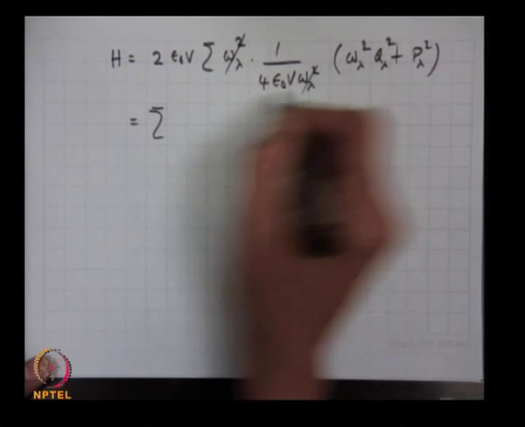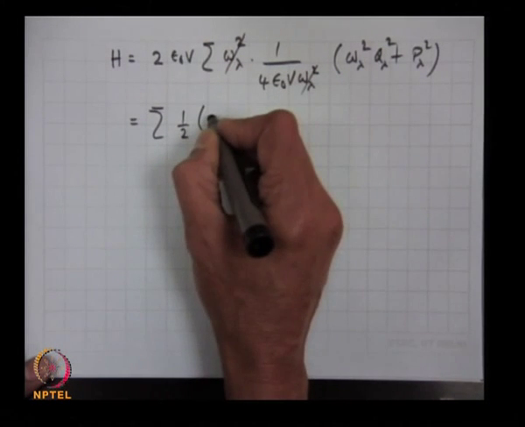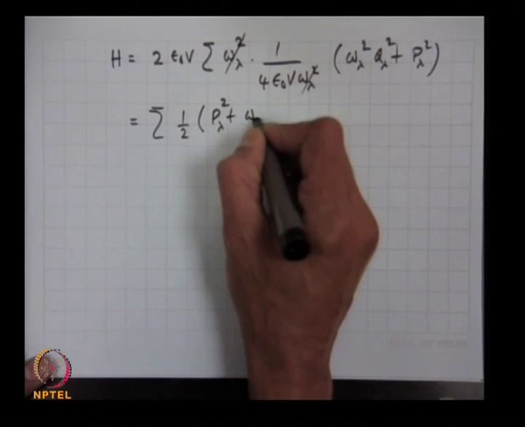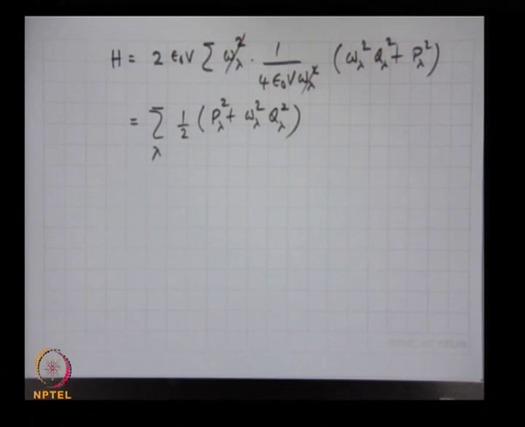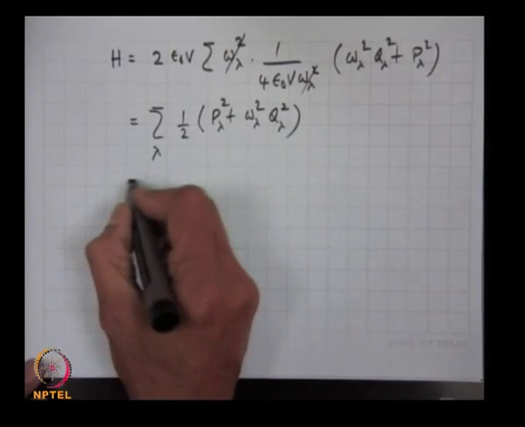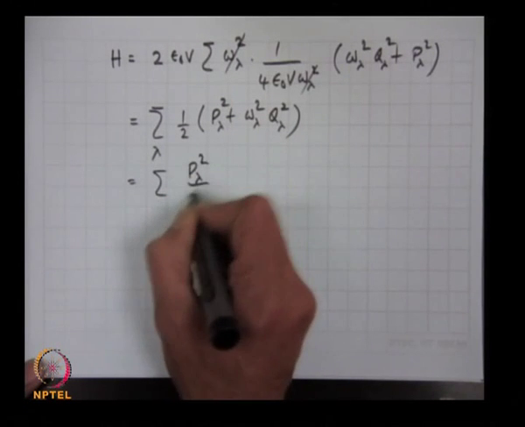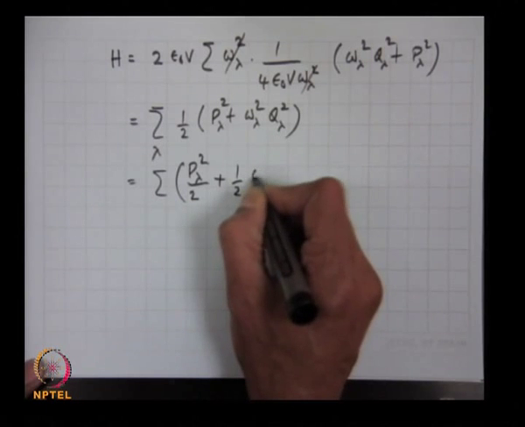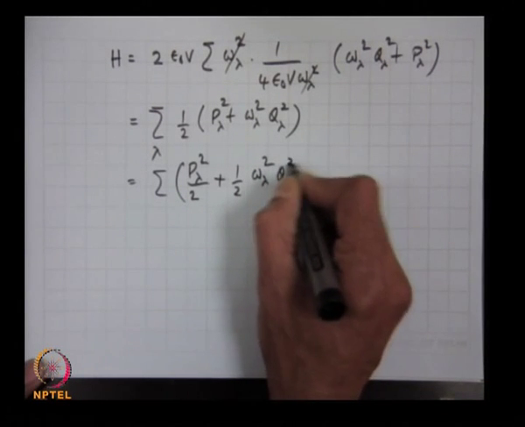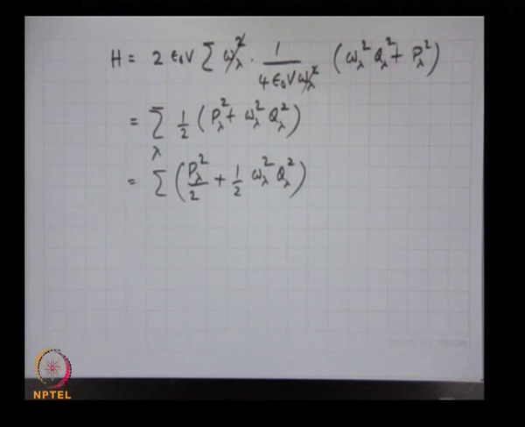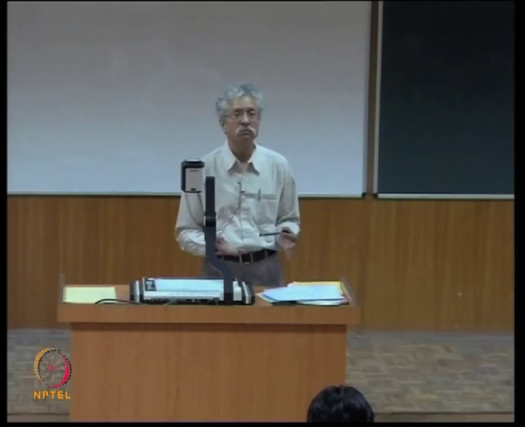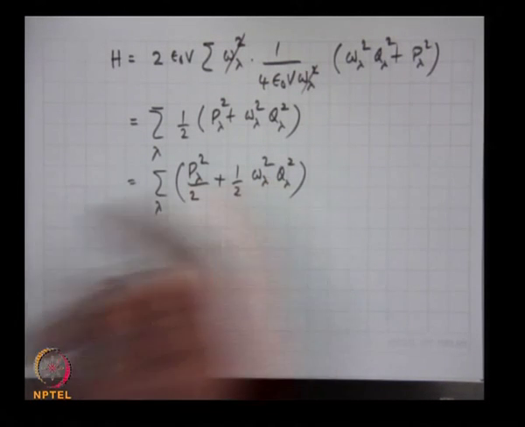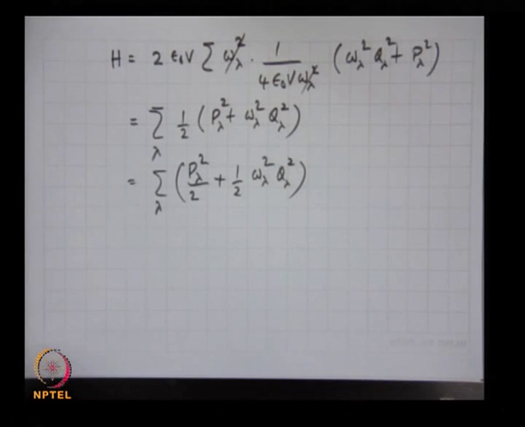So omega lambda squared goes off, so I get half p lambda squared plus half omega lambda squared q lambda squared. What is this? Exactly like a harmonic oscillator Hamiltonian with m equal to 1, p squared by 2m plus half m omega squared x squared.